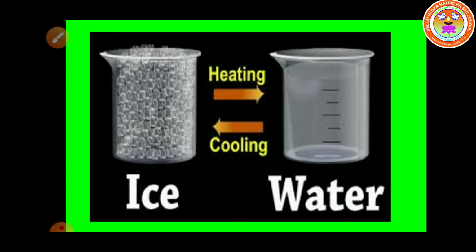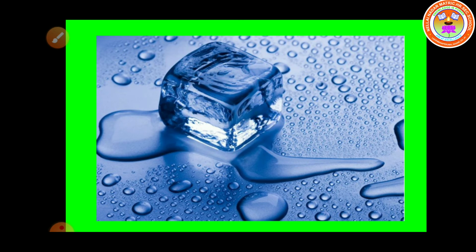So, heating ice, it turns into water. Cooling water, it turns into ice. So, this is a reversed reaction. This change is called reversible change. So, melting of ice is an example for reversible change.